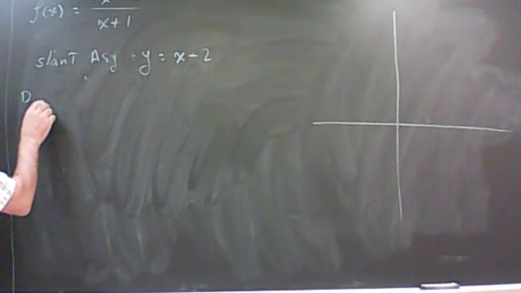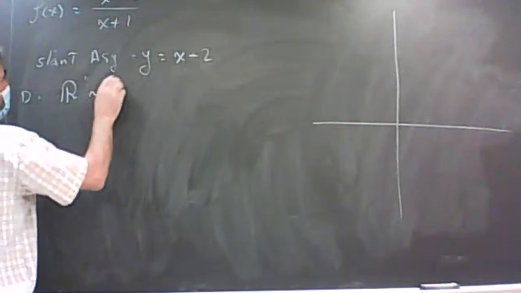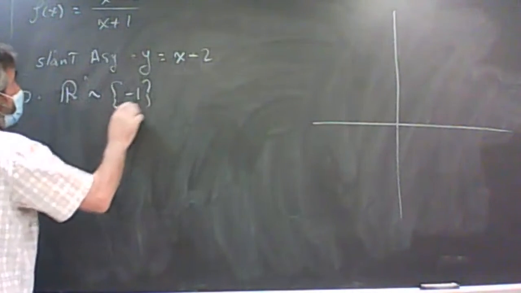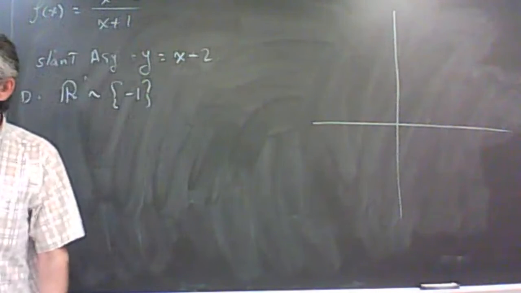What else do you have? We need to figure out the domain. The domain is R, take away -1. Do I have a vertical asymptote?